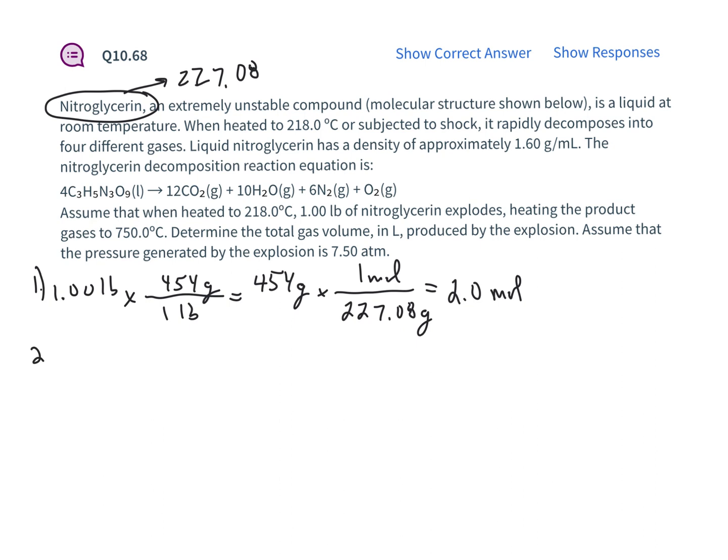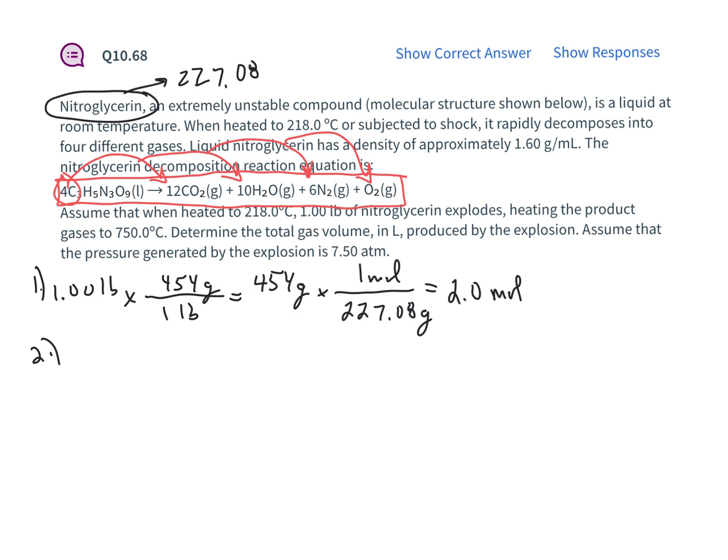Now to find out the moles of gas that's produced in the reaction, we need to go to the balanced chemical equation and look at the coefficients to tell us the total number of moles. The balanced equation says for every 4 moles of nitroglycerin that reacts, I'm going to produce 12 moles of carbon dioxide, 10 moles of water, 6 moles of nitrogen, and 1 mole of oxygen.